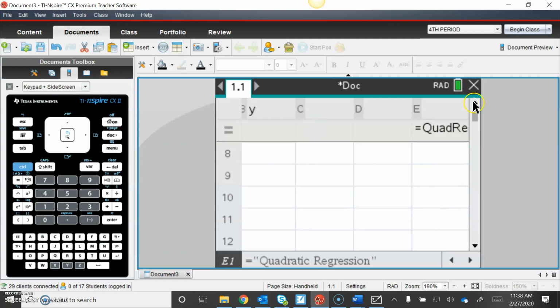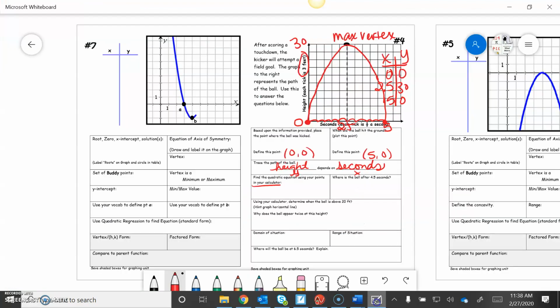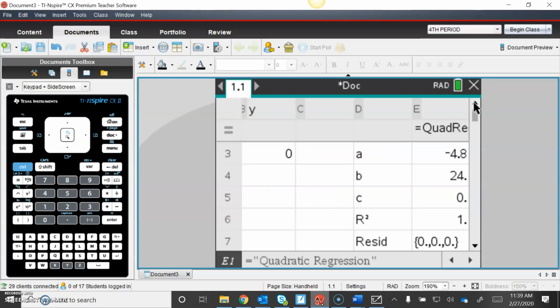Oh, I apologize, hit a button. And we said that y is equal to negative 4.8 x squared plus 24x. So then for 4.5 seconds we know is x. So we said you could do this a couple of different ways.